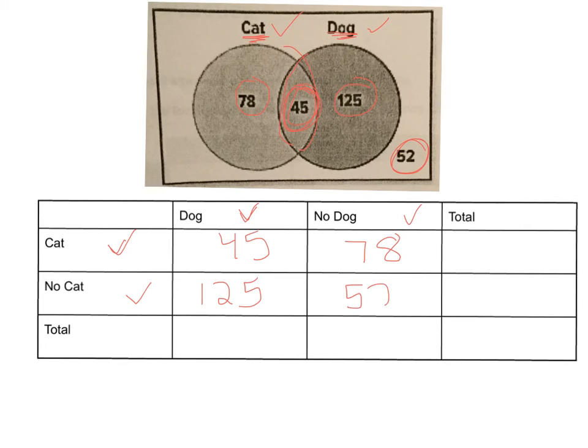So 52. So now from here, all we have to do is find all of our totals. So total dog owners, 45 plus 125 is 170. The total people that don't own a dog, 78 plus 52 is 130.